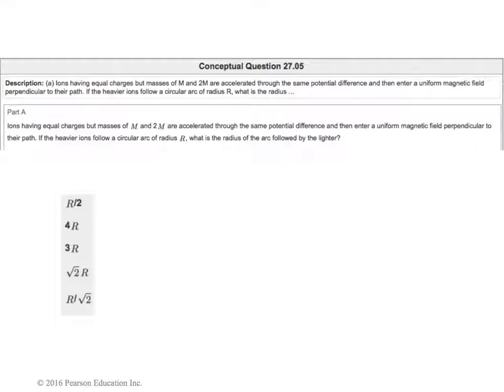Accelerating through the potential difference is how the masses acquire their velocity. And so we start with the idea that the change in potential energy is equal to minus the change in kinetic energy. This is the idea of conservation of energy.